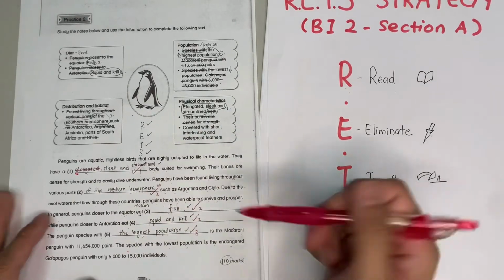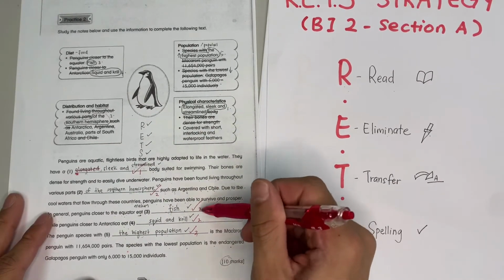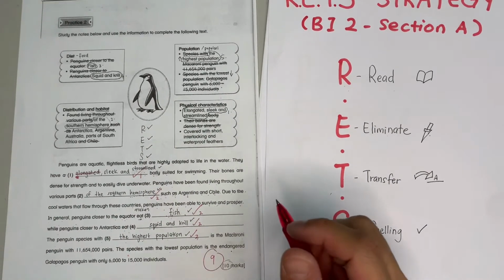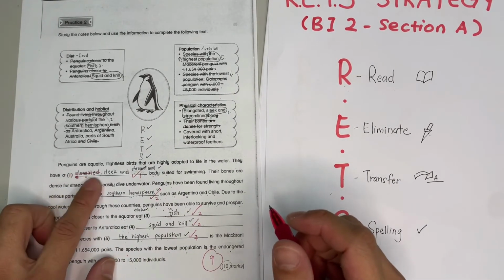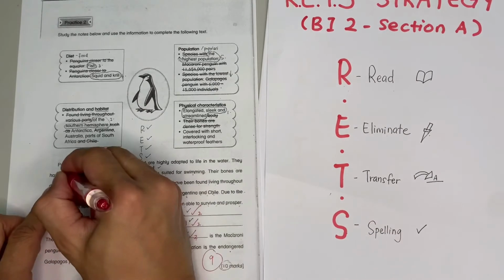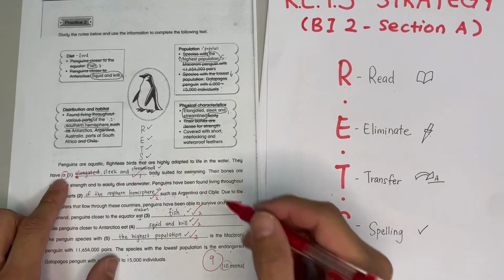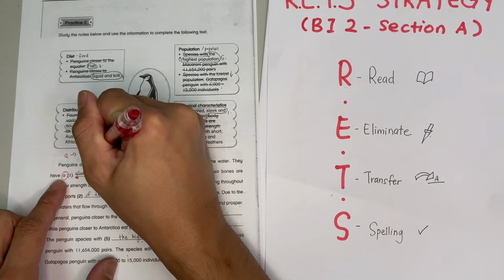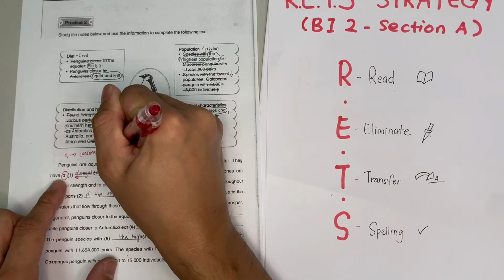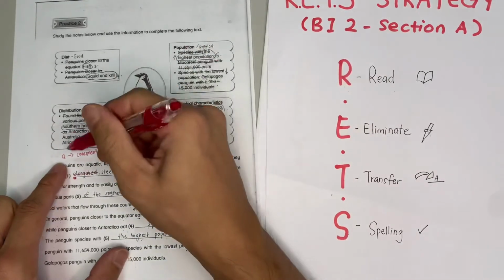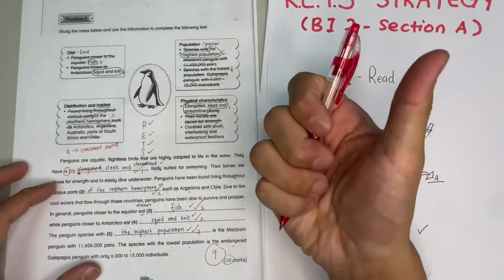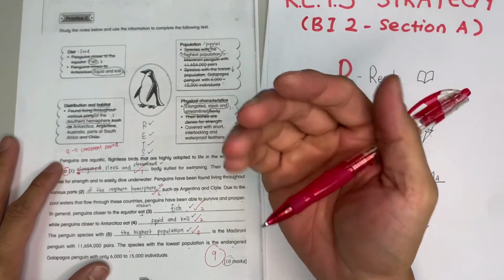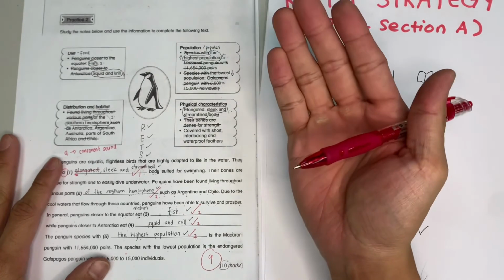So how many marks did I get? 2, 4, 6, 8, 9. Okay, which is a very good mark already. Just a minor mistake which is quite difficult because we didn't notice the article must be followed by a consonant sound. Example: a boy, a book, a cat, a dog.